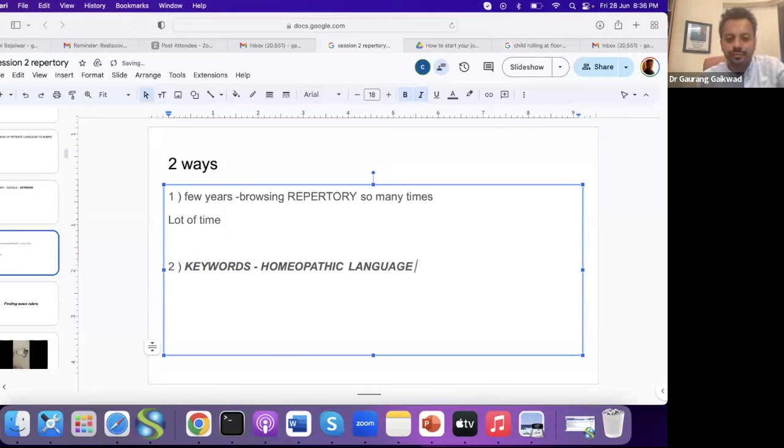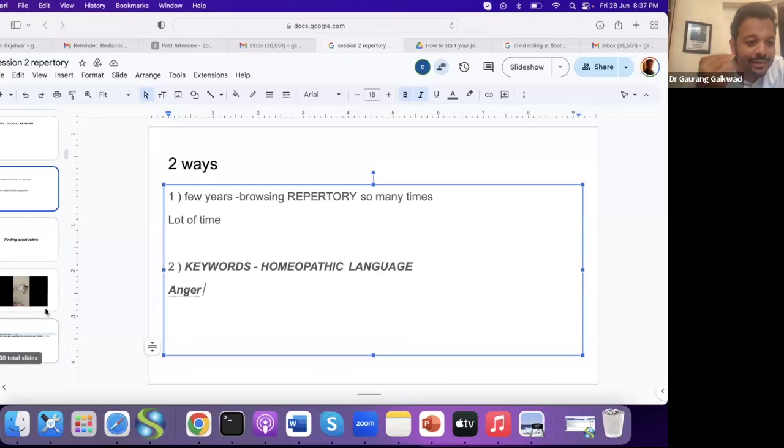Many of you said anger, but it is not anger. It is the fact that the child wants something and he doesn't get it. That's when he falls on the floor, rolling and shouting and screaming and crying.